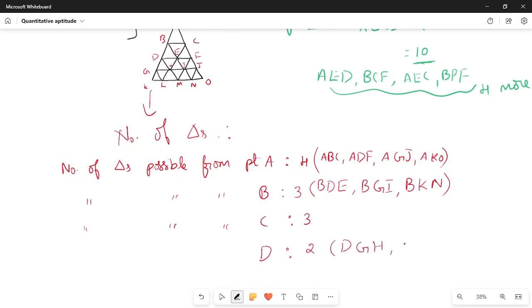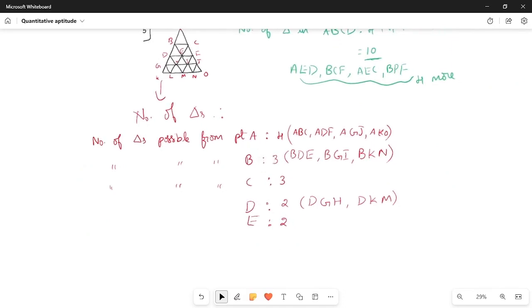So from all these vertices D, E, F in this level, they share two triangles each. From D I get 2 triangles, from E also 2 triangles, and from F also 2 triangles. I'm not going to name all of these.